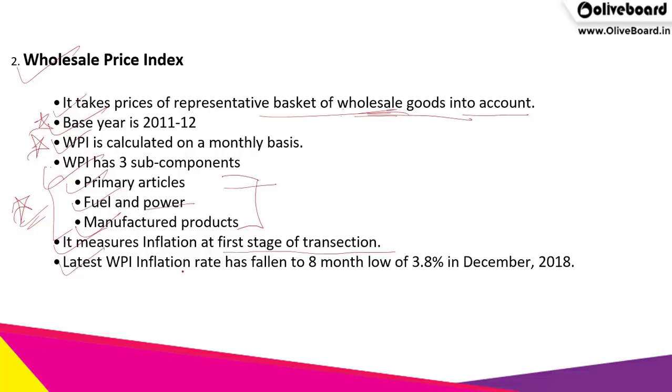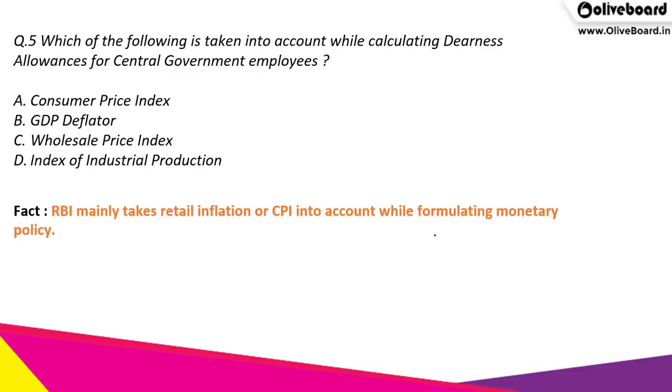Latest WPI inflation rate has fallen to an 8-month low of 3.8%. So CPI was 2.19, this is 3.8%. Now, question: which of the following is taken into account while calculating dearness allowances for central government employees? This, anyways, you should know. A, consumer price index.